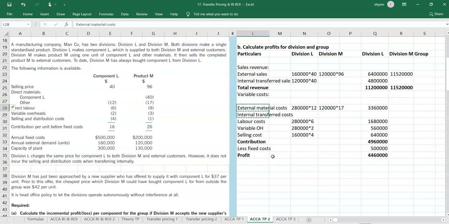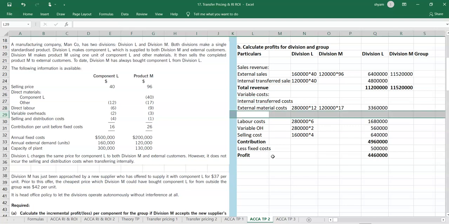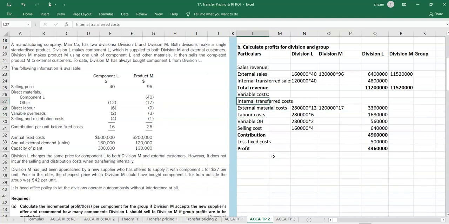We'll take this number and put it one step higher. Internal costs are 1 lakh. Okay, it's going to be component L. Also, we will just have it as internal transfer cost. It is bought at a cost of 40.